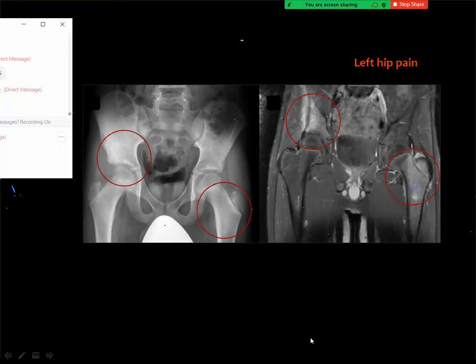No, this is not migratory osteoporosis, and this is not metastatic deposits. You see, this is a child, and all you get here is bone marrow edema in the right iliac bone, as well as bone marrow edema in the proximal left femur.